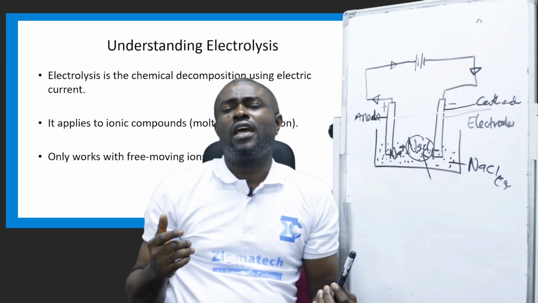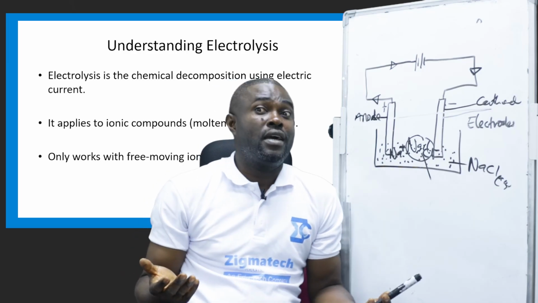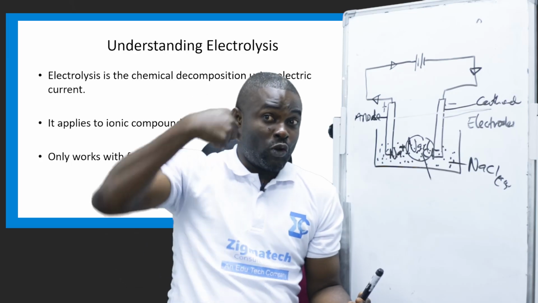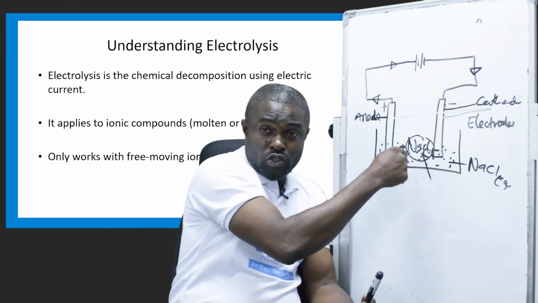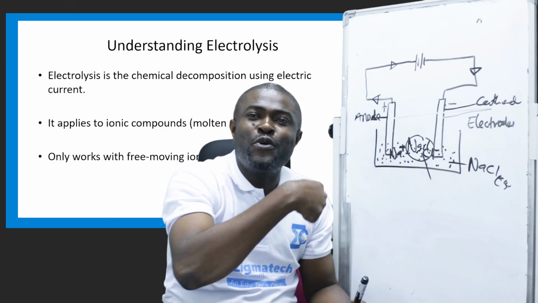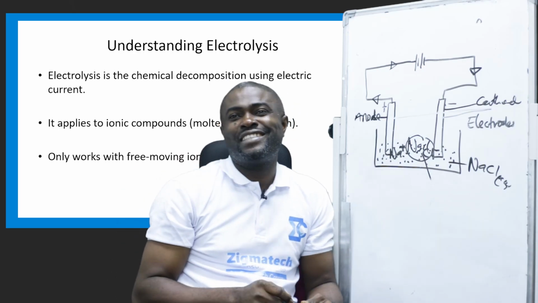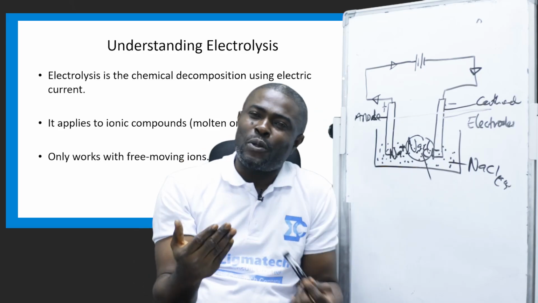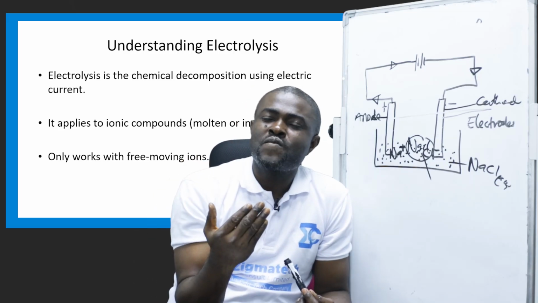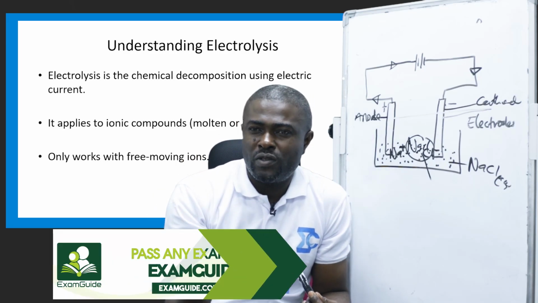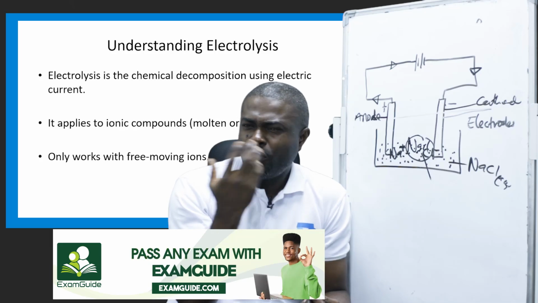Or somebody will say, it is a process by which an electrolyte in the electrolytic cell is decomposed due to the passage of current. You are still correct. Because that decomposition is actually what? A chemical one. How does it happen?